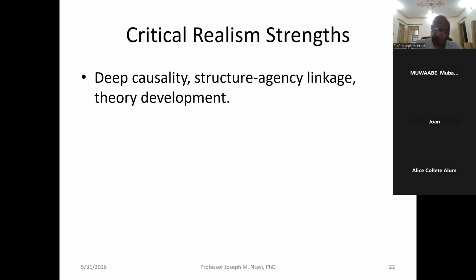Of course, the limitation here is that you may want to establish those causal mechanisms and fail. That's a limitation. The mechanism may be very difficult to identify directly, and if you find difficulties picking all those mechanisms, then that's a limitation of critical realism, ladies and gentlemen.